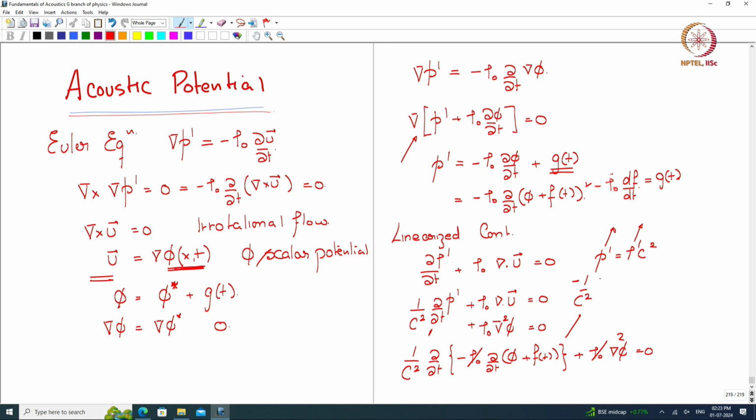Minus 1 over c square del 2 phi by del t square, minus 1 over c square del 2 f by del t square, plus del square phi equal to 0. So del square phi is there, 1 over c square del 2 phi by del t square is there, acoustic wave equation is there, but I have this extra thing.